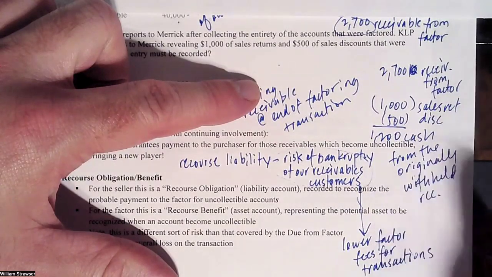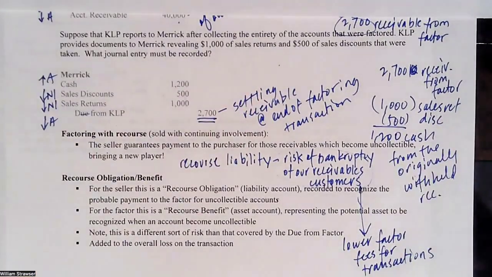The factor is protecting itself with this recourse liability. If some of the receivables it buys go bankrupt, they still receive cash from the seller. So they don't necessarily have to charge as high a risk factor fee for this transaction.